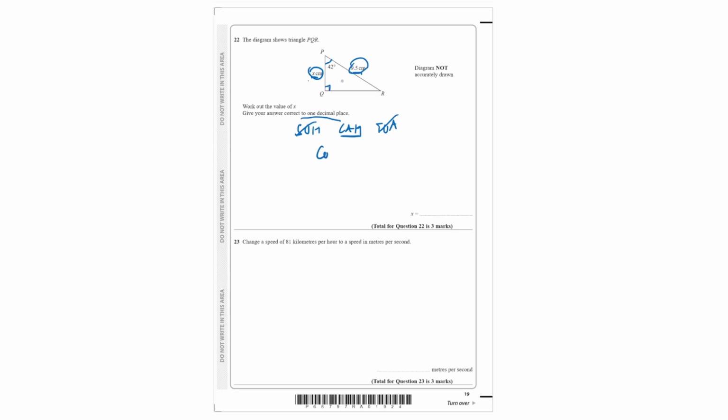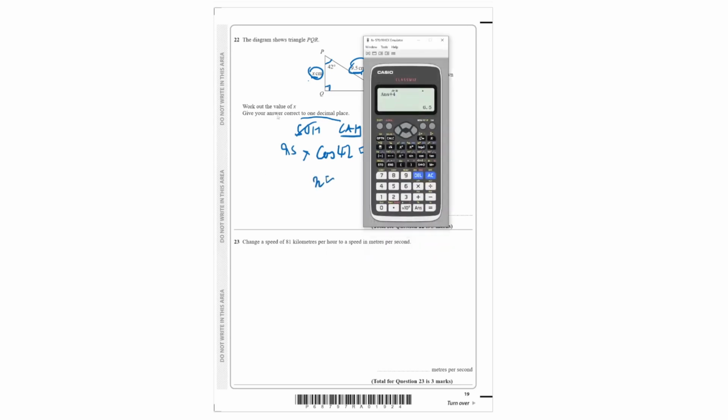So that's cos of the angle, which is 42, is equal to adjacent over hypotenuse, which is x over hypotenuse 9.5. We can arrange this by multiplying 9.5 on both sides, to remove the denominator 9.5. And now we can find that x is equal to 9.5 cos 42.